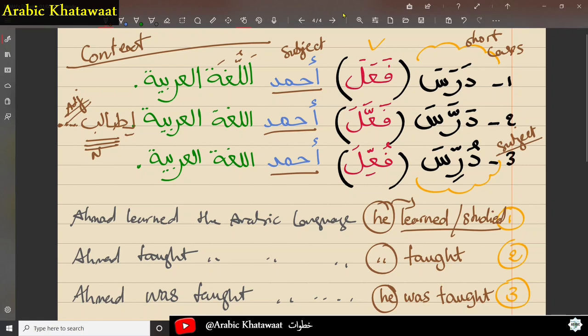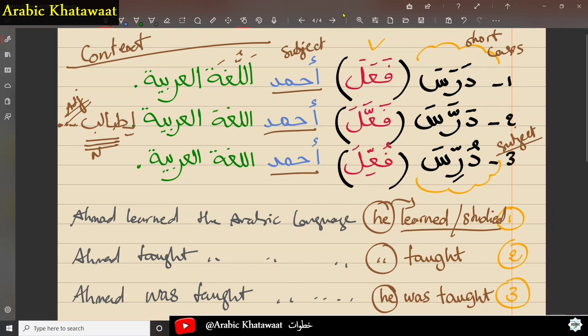درس أحمد اللغة العربية. You can tell from additional information if you have to, someone, or in a place. He taught Arabic في الجامعة. درس أحمد اللغة العربية في جامعة أمريكية. درس أحمد اللغة العربية في بيته.